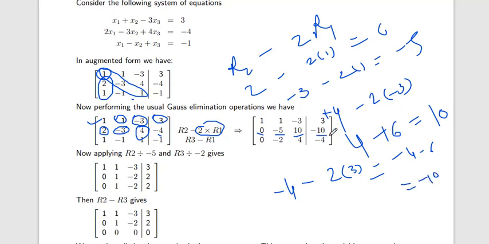The first row remains the same because we did the operation only in the second row, not in the first row.